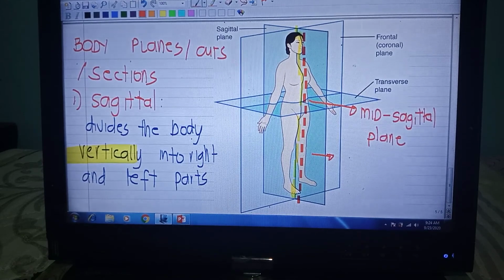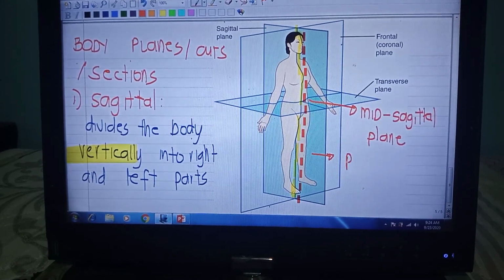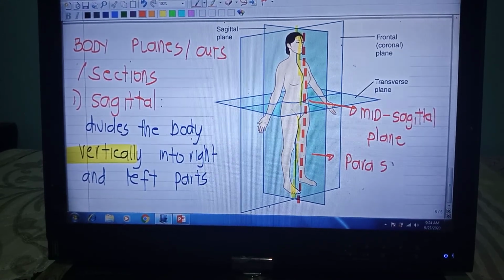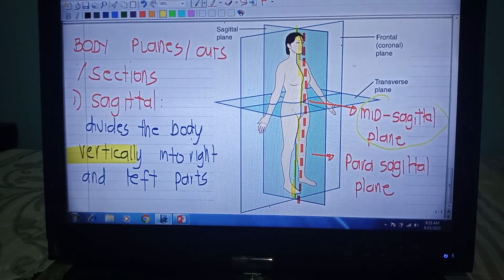Yan yung tinatawag nating para-sagittal. Ang sagittal, hinahati niya ang katawan mo into left and right. Kapag ang hati ay nasa gitna, mid-sagittal. Pero kapag ang hati ay hindi mismo sa gitna, para-sagittal plane. Are we clear? Very good.